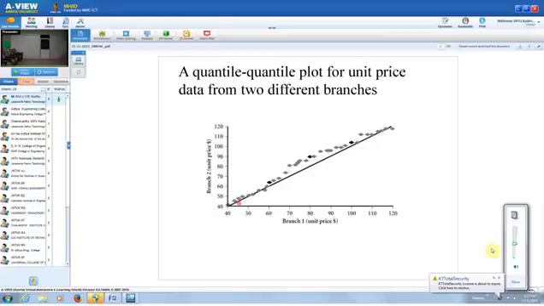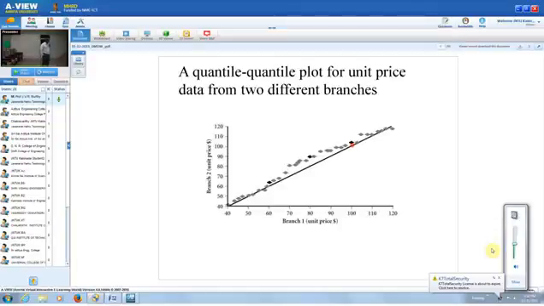See, this is the first quartile 60, second quartile and third quartile, the dark things. So this shows a relative comparison of these two branches, quartile sales. Okay.